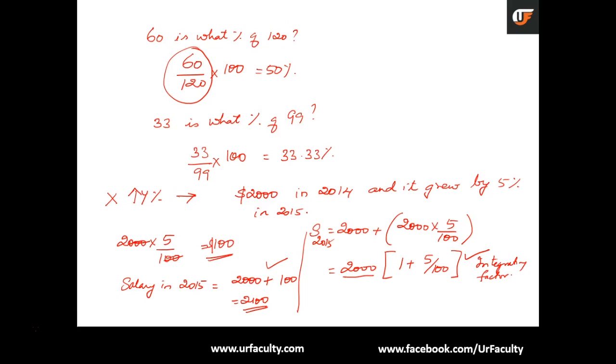And what is 1 plus 5 by 100? 2000 into 1 plus 0.05. Am I right? So what do you get here? We get 2000 into 1.05. So to simplify the whole concept, I'm going to write it over here.